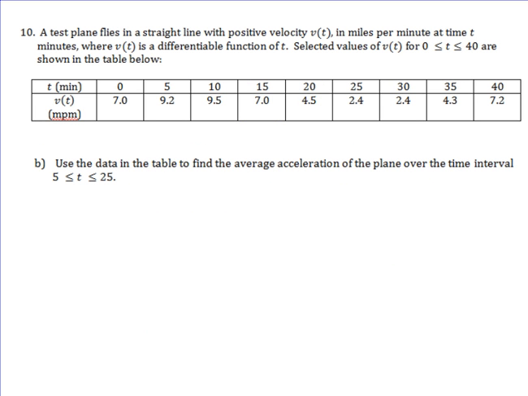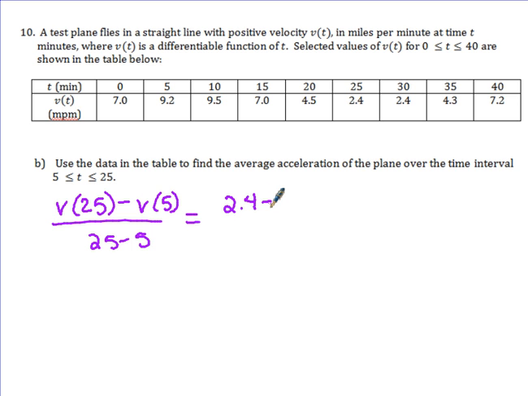Question B, use the data in the table to find the average acceleration of the plane over the time interval 5 to 25. So we're going to use the same formula we used in the previous question, but using values at 25 and 5. So if I substitute in values from the table, v of 25 is 2.4 and v of 5 is 9.2 over 25 minus 5, which is 20.